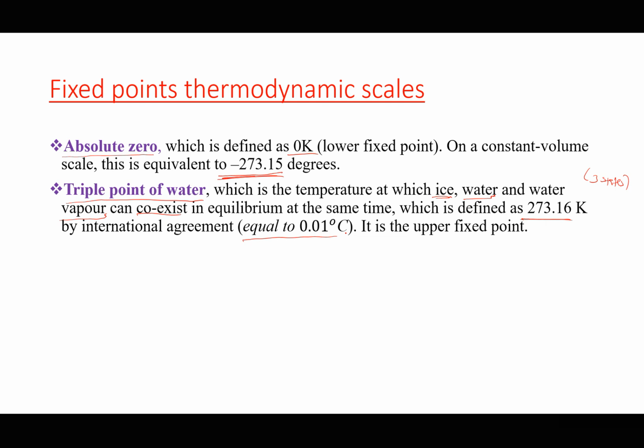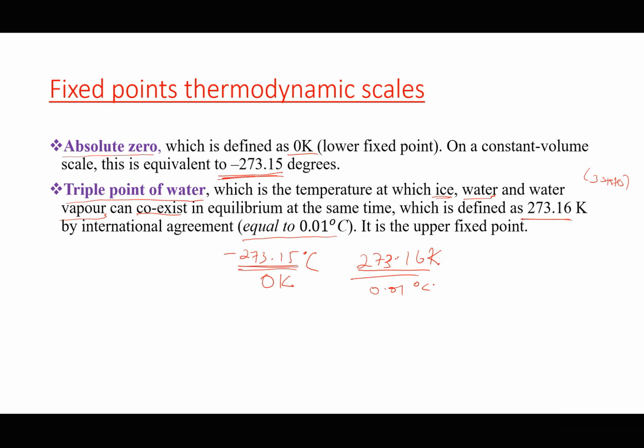Now I want you to be very careful. You should not confuse negative 273.15 with 273.16 Kelvin. When I put a negative here, this is in degrees Celsius, and this is the same as absolute zero. But this one here is 0.01 degrees Celsius, and it is called the triple point of water.